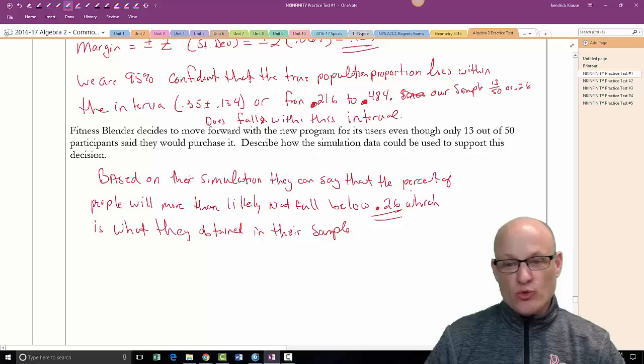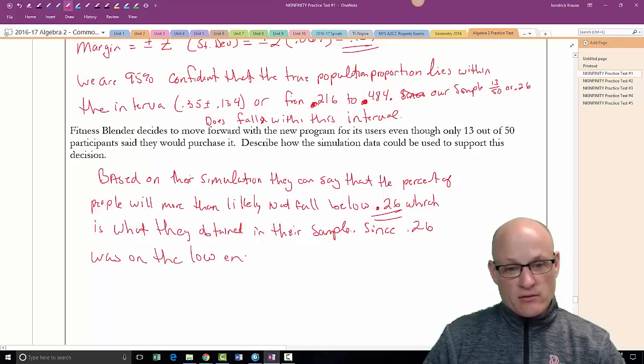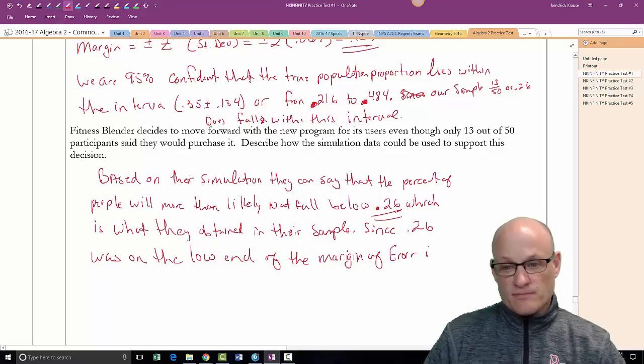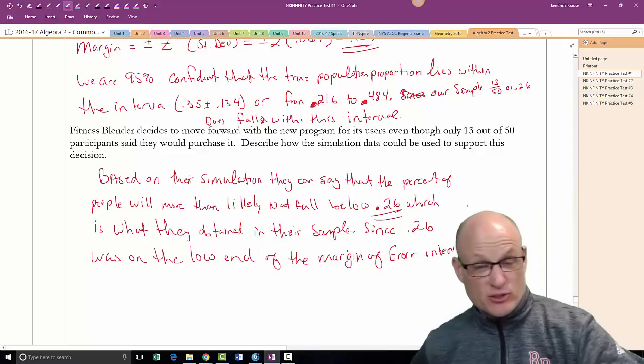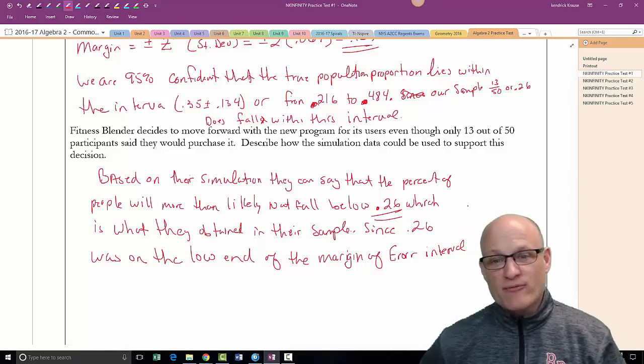So 0.26 was on the low end. I could even say that, since 0.26 was on the low end of the margin of error interval, in other words, they ran this simulation and they found out that the margin of error is going to be between 0.216 and 0.484.